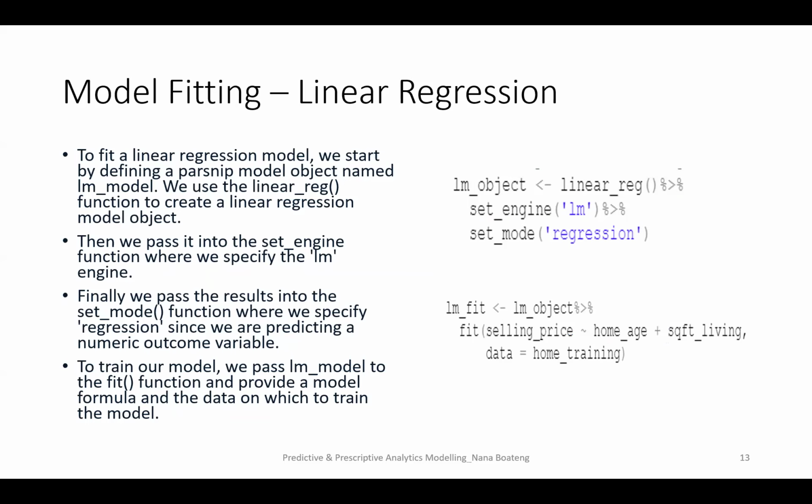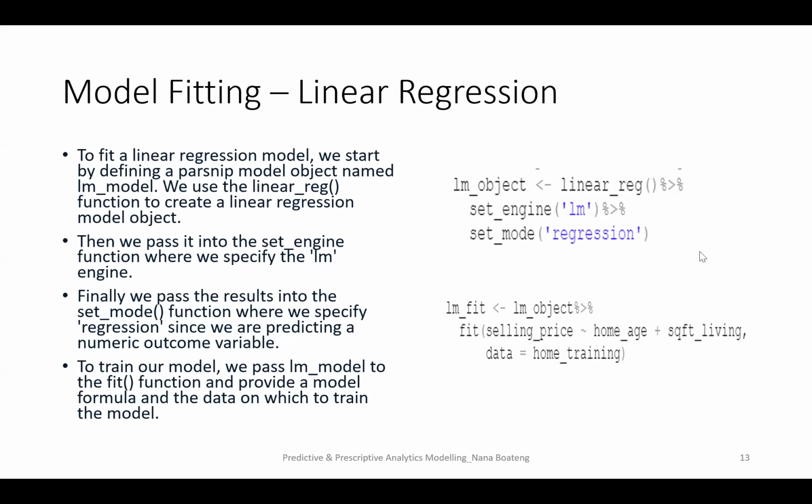But when we want to do linear regression using the Tidymodels, we set the engine to lm, as in linear modeling, and then we set the mode to regression. So let's import the home sales data set I sent to you.